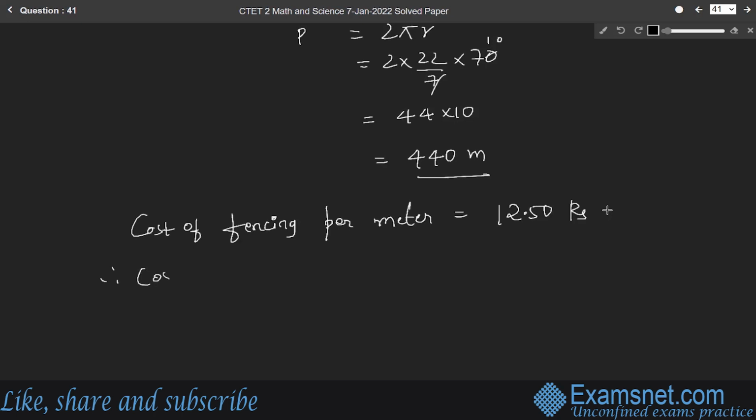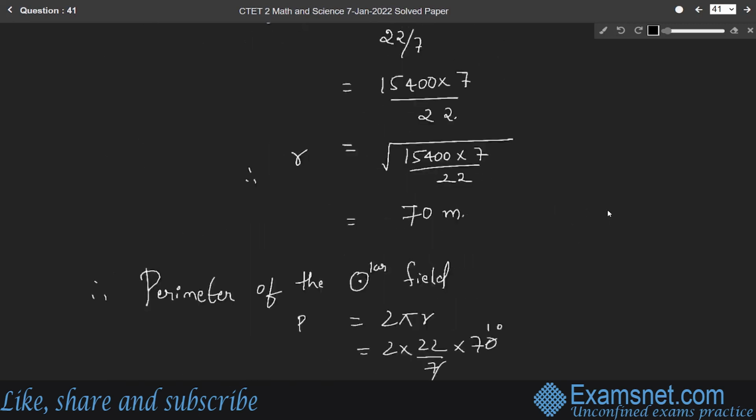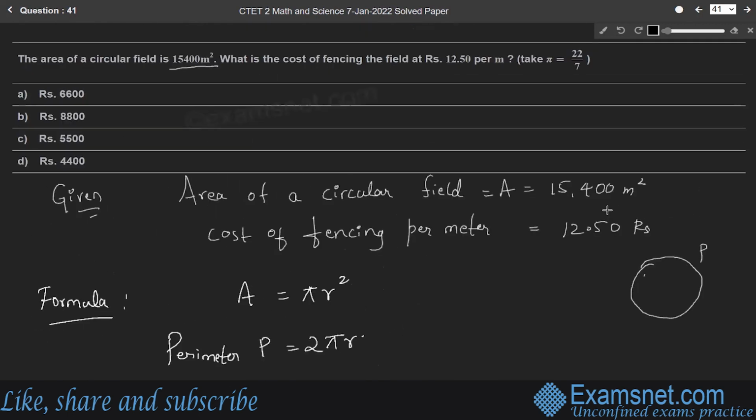Therefore, cost of fencing for 440 meter is equal to 12.50 into 440, which is equal to 5,500. Therefore, option C is the right answer.